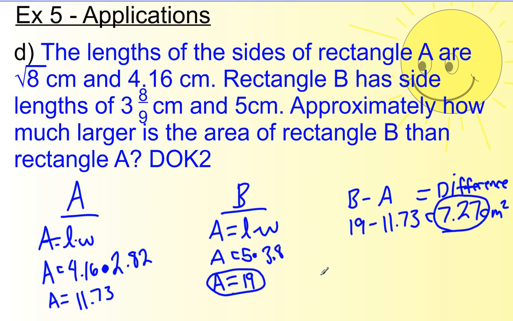The question was, how much larger? Because it was asking how much larger, or what is the difference, we had to subtract the two. So we took 19 minus this 11.73, and we found that the difference is 7.27. So rectangle B is 7.27 centimeters squared larger than the area of rectangle A.